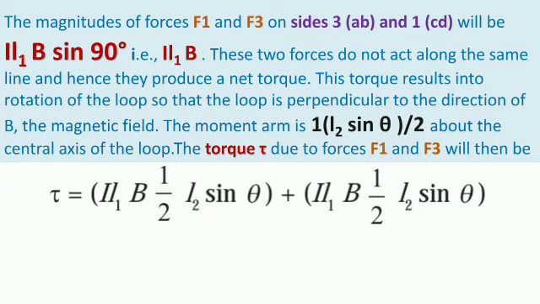The moment arm is half of L2 sine theta about the central axis of the loop, and the torque due to forces F1 and F3 will be I L1 B times half of L2 sine theta plus I L1 B times half of L2 sine theta. Now when we add both of these, we finally have torque equal to I L1 L2 B sine theta.